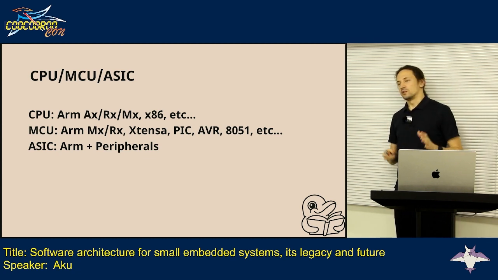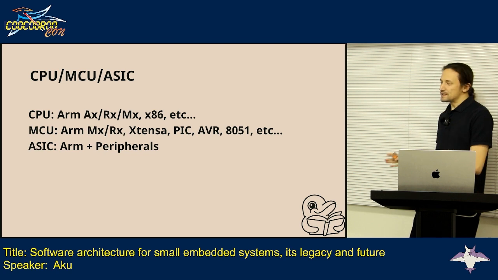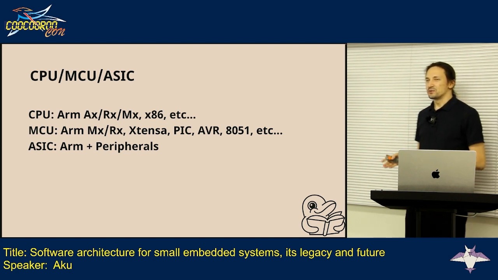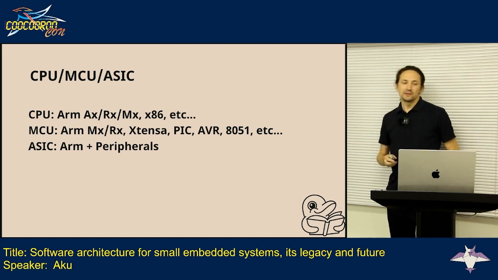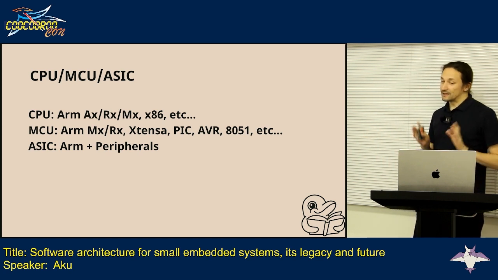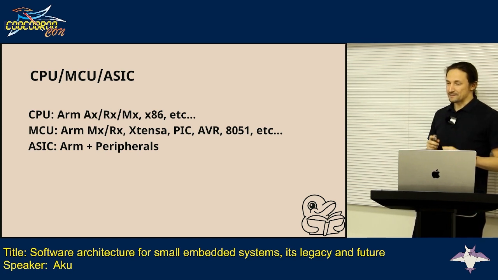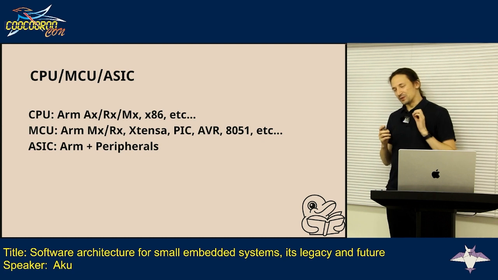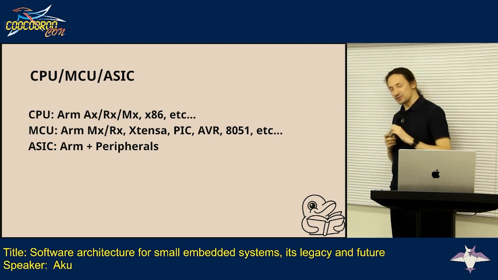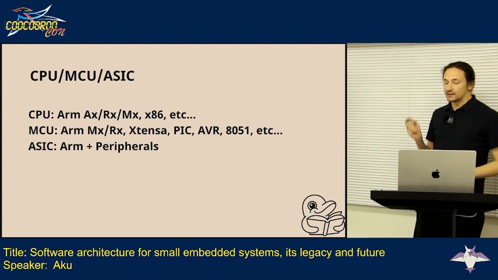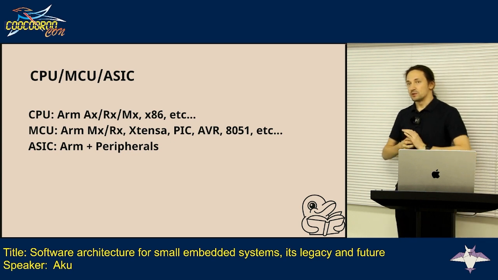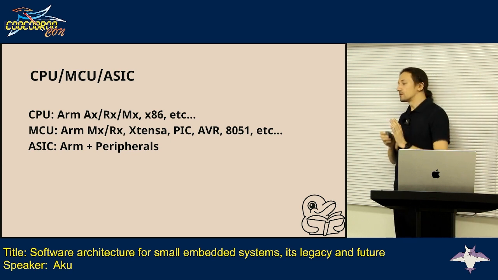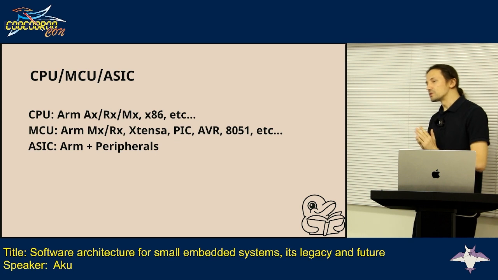Some of them are just designed to be as simple as possible, as close to hardware as possible. All kinds of things exist, and in some cases it's very difficult to find the exact architecture that will suit your needs.